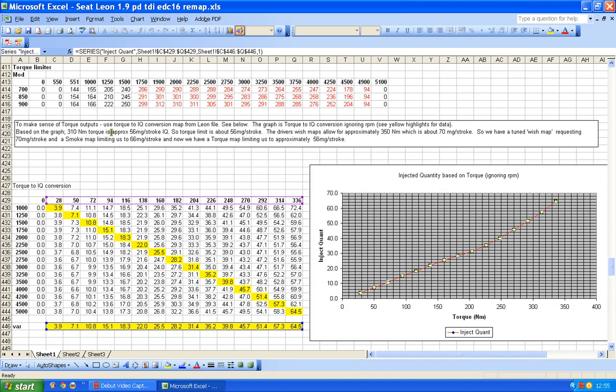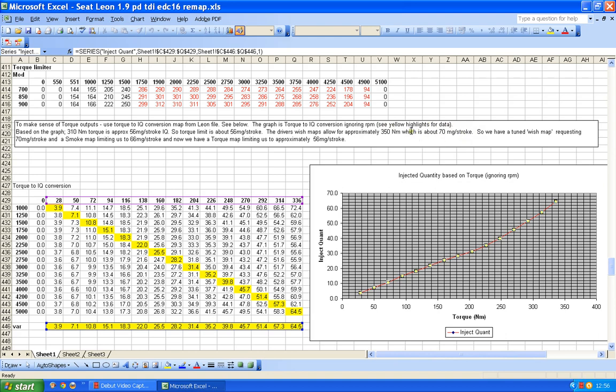So as I've said here, 310 Newton meters is approximately 56 milligrams. So we had the driver's wish, and again I've made a note here to remind myself, the driver's wish was allowing for approximately 350 newton meters, which would have been about 70 milligrams.